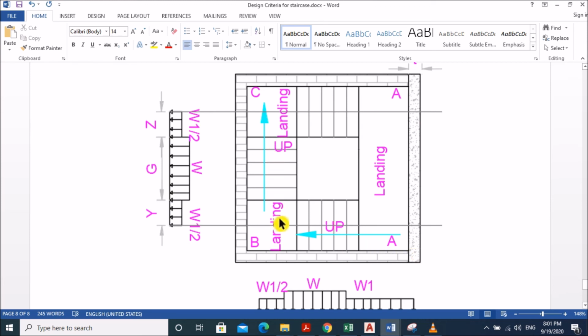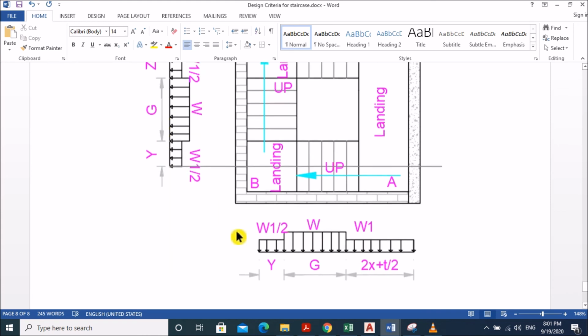So it is across the flight, and we take only half of this landing and half of this landing width. It means if it is 2z, then we only consider z, and if it is 2y, then we only consider y. The effective length is z plus g plus y.